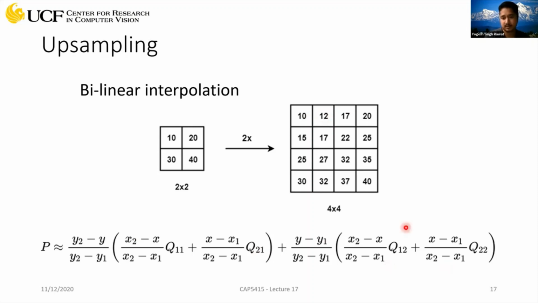And then we do the interpolation in the y direction between this value and this value. So this 32 value will be the outcome of this operation, 12 will be the outcome of this operation, and then again this is the same formula you used before, right? So you linearly interpolate between these two, and you get the value you want. Okay.